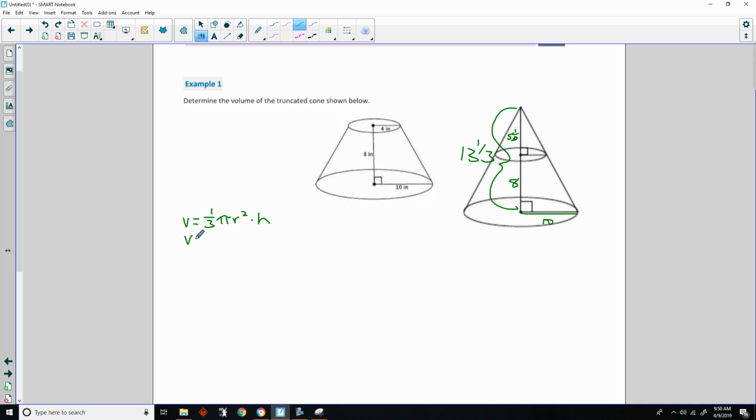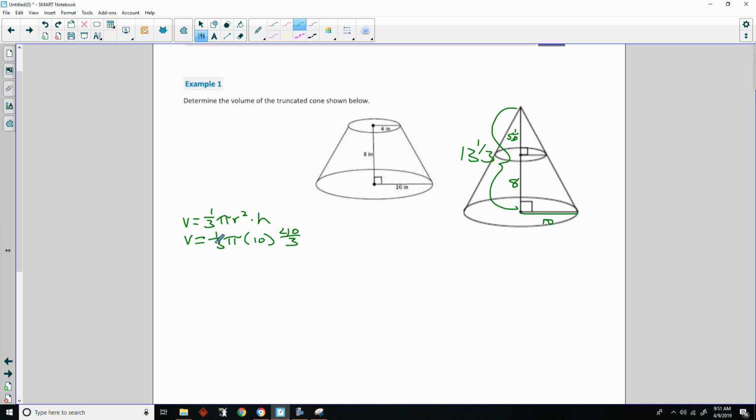So the volume of the whole cone that's not truncated is 1/3 pi, radius is 10, and the height is 13 1/3. Okay, let me rewrite this as an improper fraction. 13 times 3 plus 1 is 40/3.